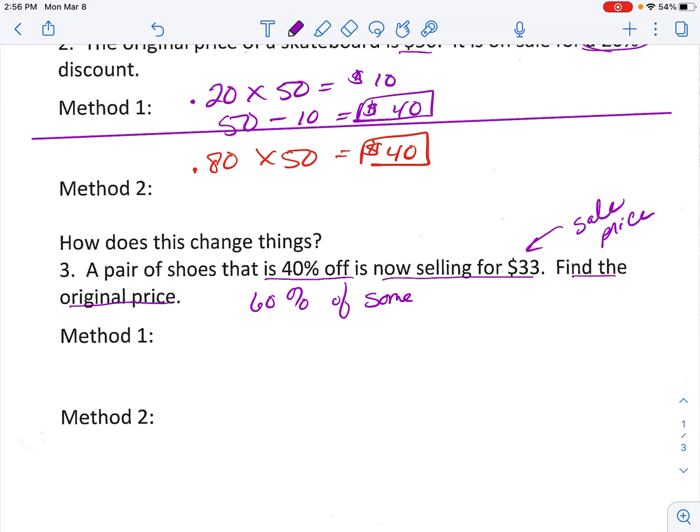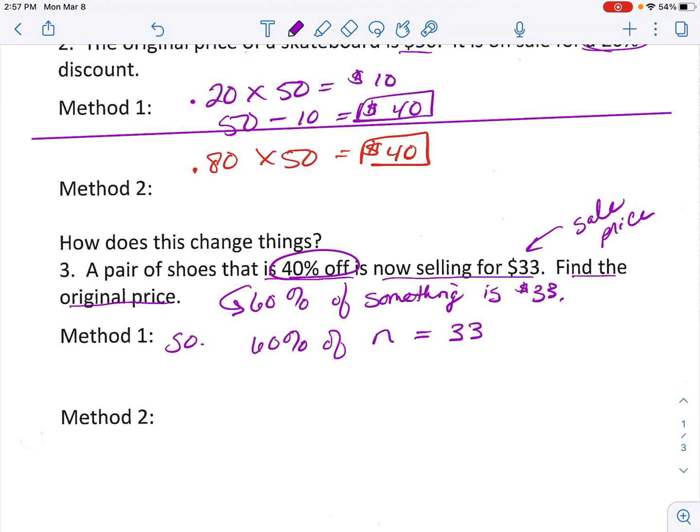60% of something is $33, right? We're taking 40% off, so 60% of something is $33. So we can think like this: 60% of some number is $33.